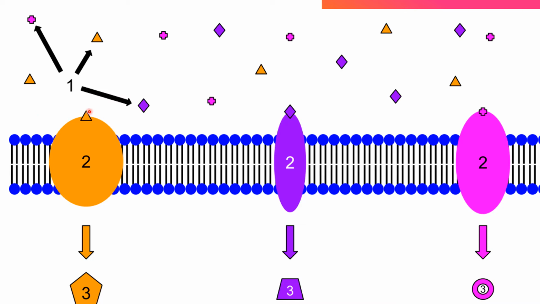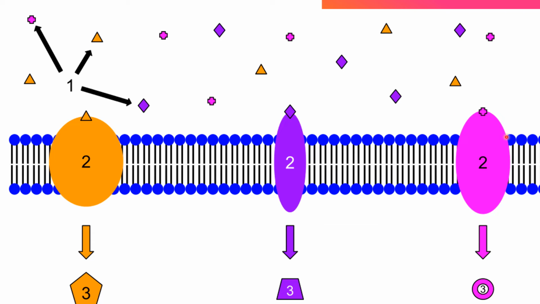For example, in this diagram, this particular receptor has a specific ligand, based on its affinity and on its compatibility in terms of its structure. Here, too, there is a specific type of ligand, specific for its particular nature.